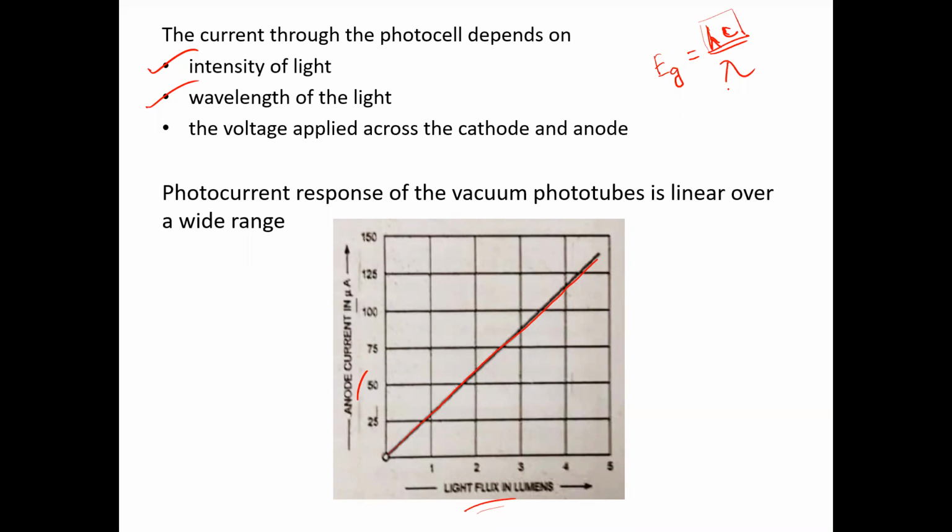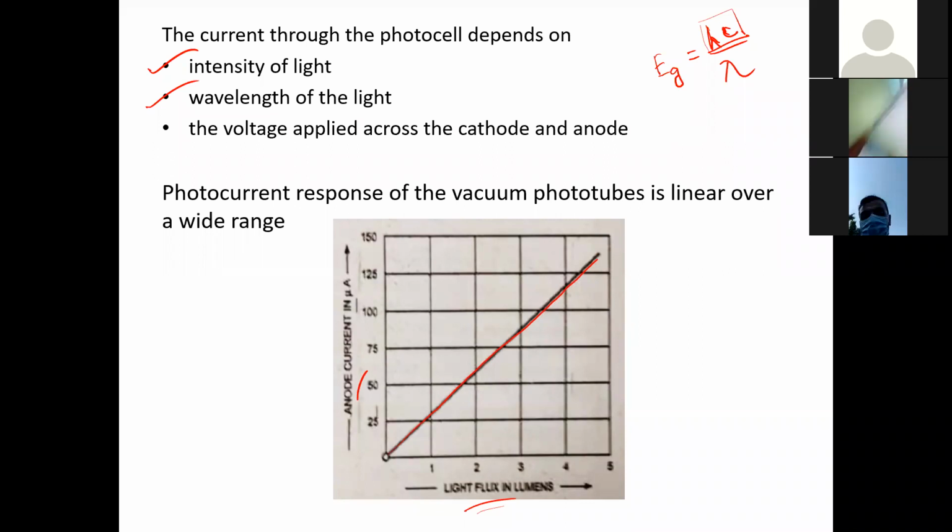So if the photon energy is not sufficient to ionize the photoemissive material, then it will not be possible to generate free electrons. And if the photon energy is more than the required energy to ionize the photoemissive material, then electrons can be generated, which will be traveling from one side to another.